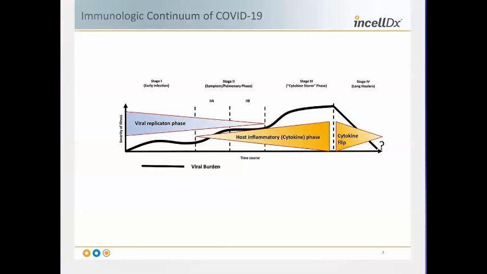And what we did is we really came up with a panel, which I'll be describing, that constitutes a number of very important inflammatory markers that transcend both acute COVID infection and also what we now call long haulers or PASC.